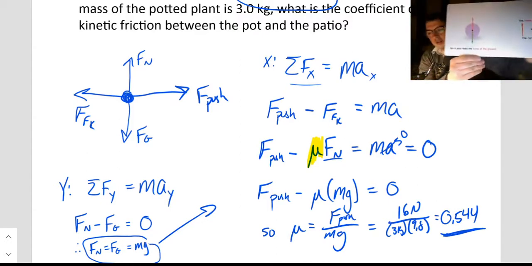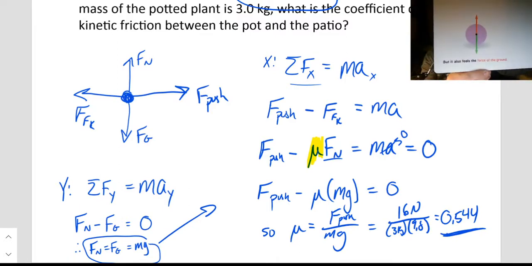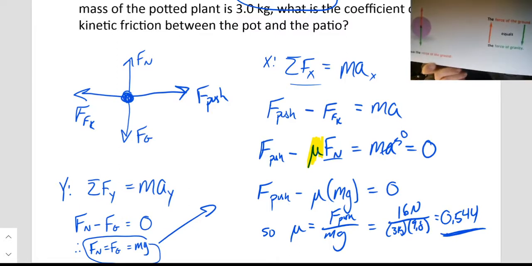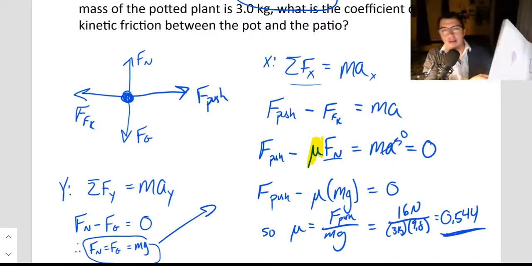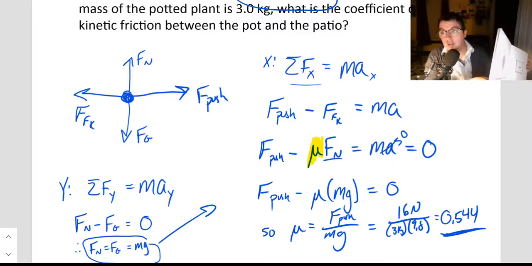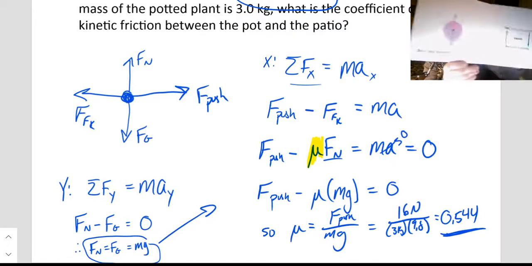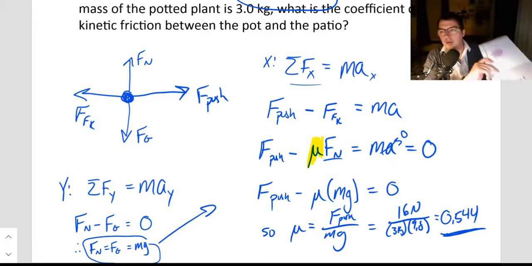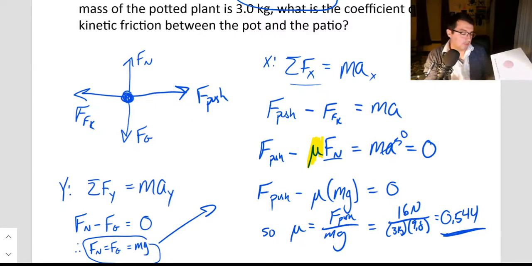Oh, so here's the start of it. But it also feels the force of the ground. The force of the ground equals the force of gravity. In this context, I have no problem with that because that's true. That's like the problem we just solved. In the y direction, this was true. However, it goes on to talk about things accelerating and falling.